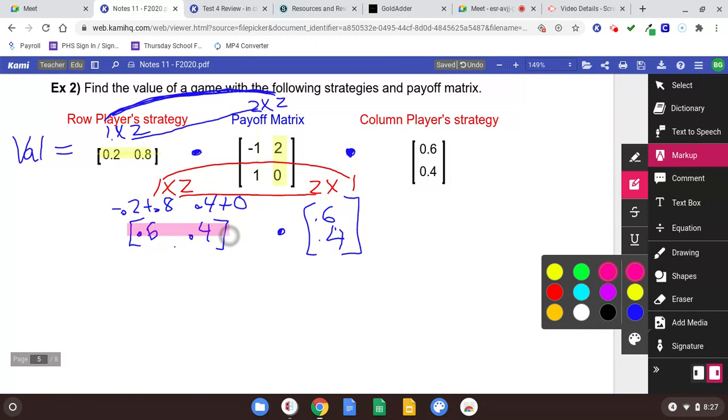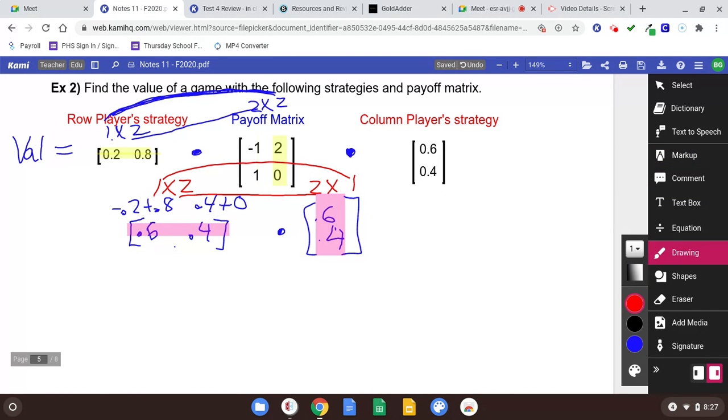We take this row times this column. That's how matrix multiplication works. So 0.6 times 0.6 is 0.36 plus 0.4 times 0.4 is 0.16. You add those together, you get 0.52. You can call that a 1 by 1 matrix if you want to, but a 1 by 1 matrix isn't really a matrix, it's just a number. That's the value of the game, 0.52.